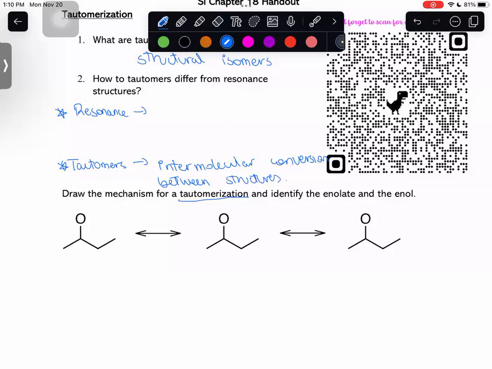Now you have to keep in mind that this is not the same as resonance, for example. What was the definition of resonance? Well, resonance involves moving the double bonds. Moving the double bonds, exactly. We're just moving electrons. Remember that we're not bringing any single bonds or anything like that.